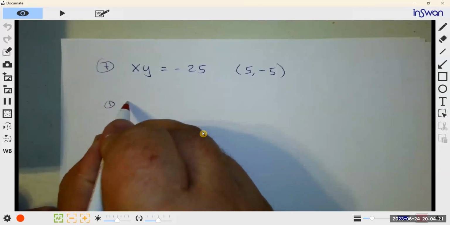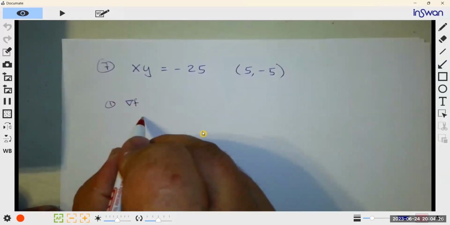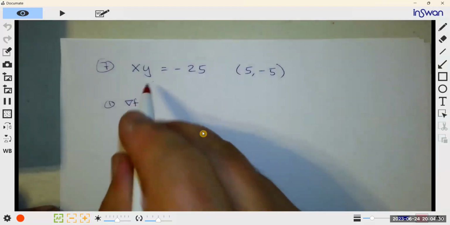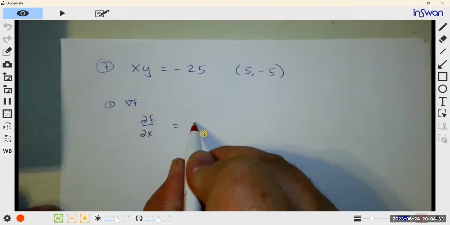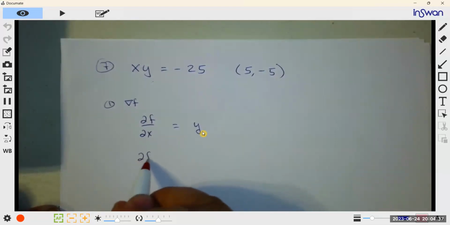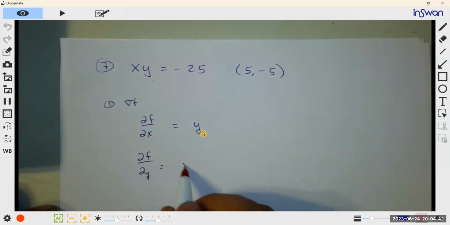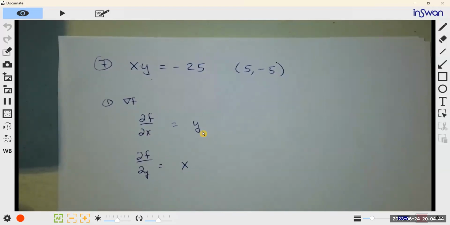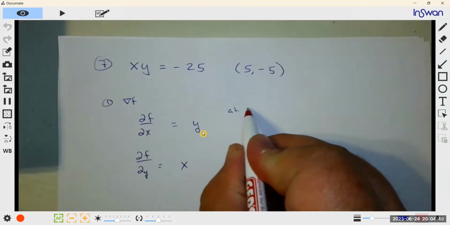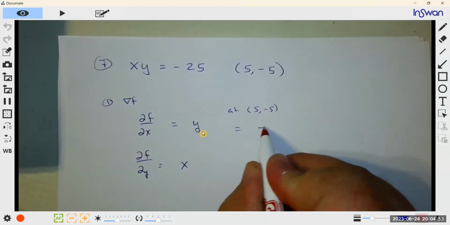So first off, let's find the del operator. So we have to find del f with respect to x, which is y, and the partial of f partial y is x. Now, at our point 5, negative 5, y is negative 5.